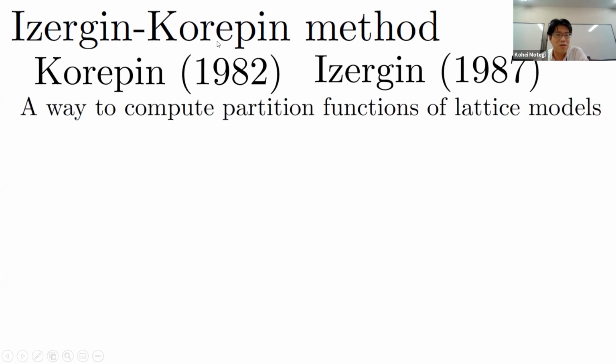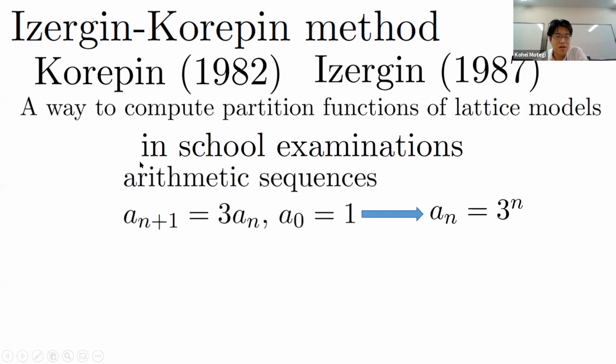This Izergin-Korepin method is a way to compute partition functions of a six-vertex model, and roughly speaking, it's like determining the exact forms of partition functions, like solving arithmetic sequences.